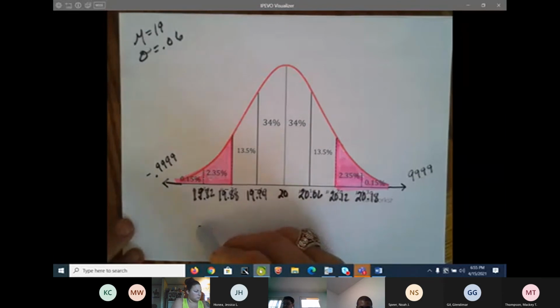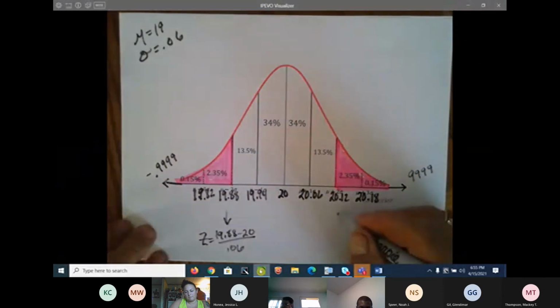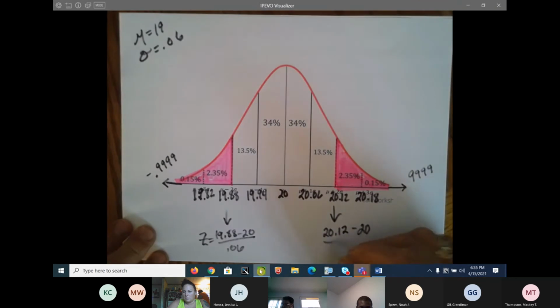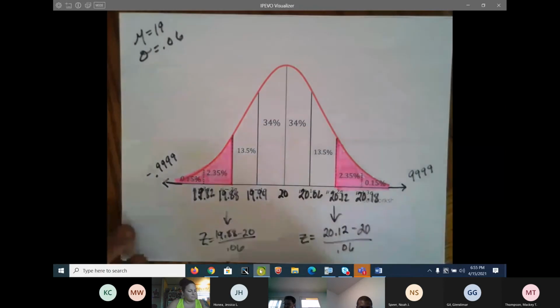So z-score here: z is equal to 19.88 minus 20 over 0.06, and 20.12 minus 20 over 0.06. I can do the math in my head: negative 2 and positive 2.